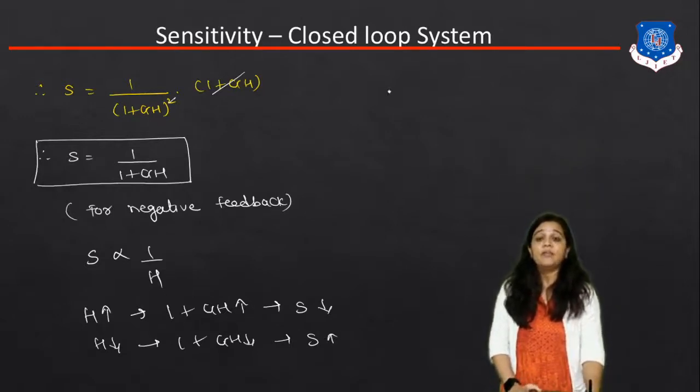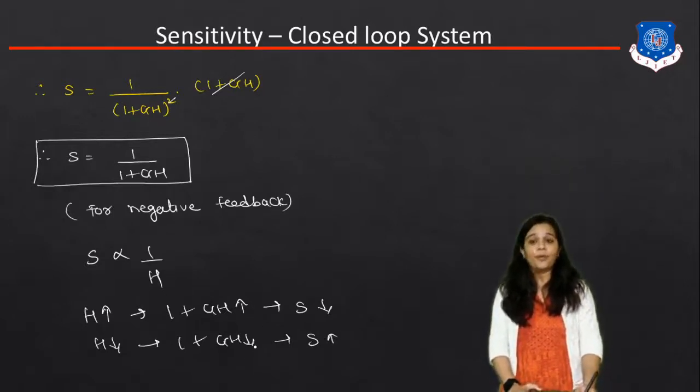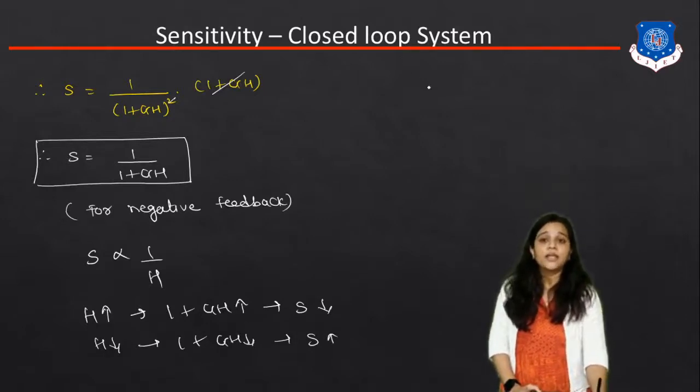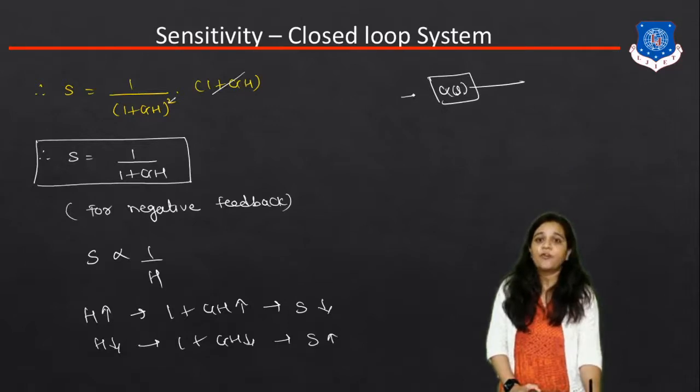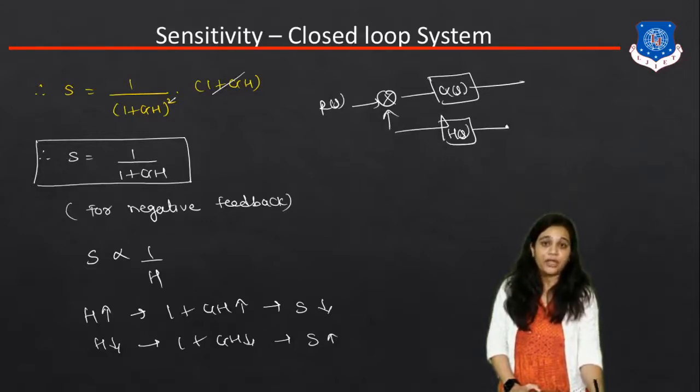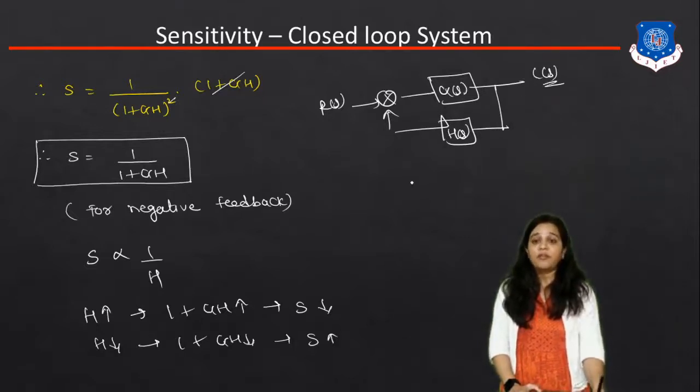So sensitivity depends on the feedback loop. Because if we draw the closed loop system, G(S) is my forward path. With G(S), we connect the input signal, and the feedback element will be H(S). Which type of feedback parameter we consider for the closed loop system affects the sensitivity of the system.